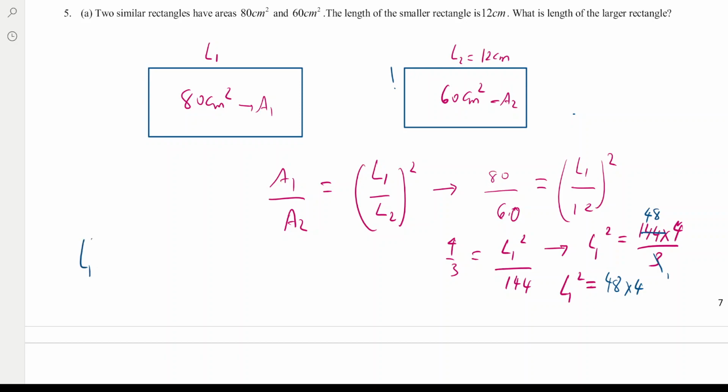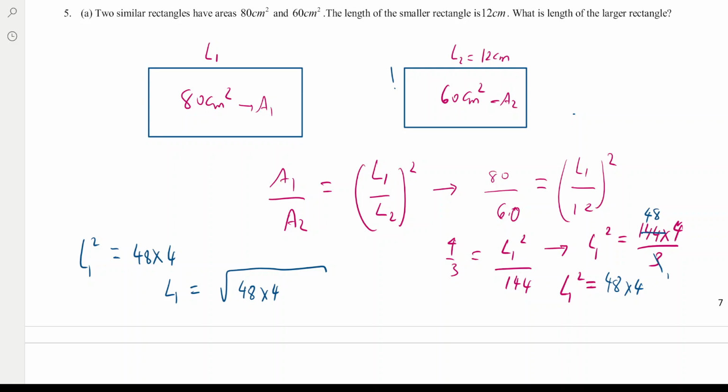We are going to find the square root directly because calculators are allowed, of course, so you just plug in the calculator. L1 is the square root of 48 times 4.